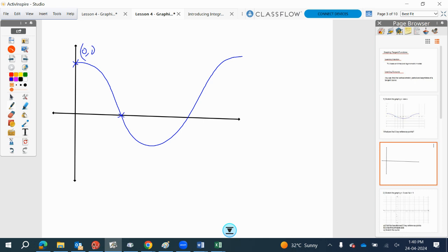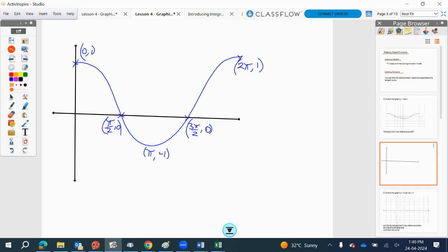I'll do it in radians this time. Sketching it only takes that long. Even when you're doing the transformations, it's these 5 points that we're interested in.